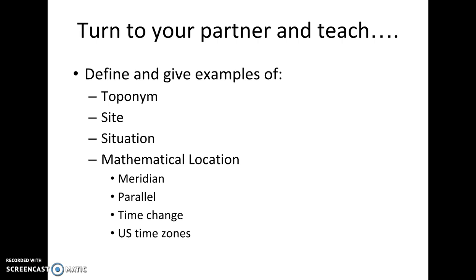Site, these are the physical features of a location. It has to be physical, natural features. This would be its climate, its topography, its vegetation, its water systems and access to water. It would be its elevation. It would be its soil quality. So site of Winter Park, we would be hot and humid with lots of lakes and rivers nearby.